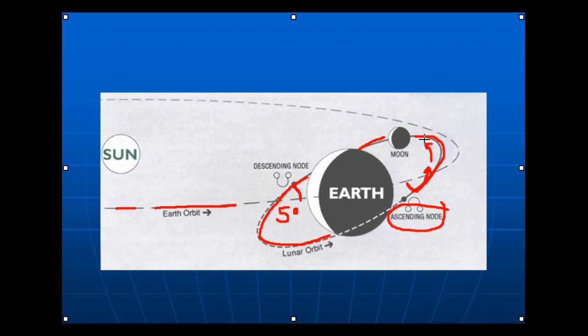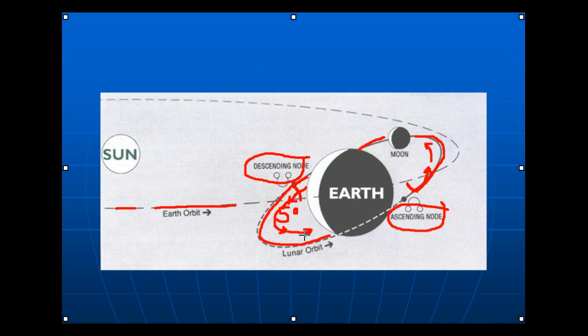Then it moves back down again in its orbit path, called the descending node. So here's the descending node right here. Eventually it gets around this way and begins to descend in this orbit path. Write that down in your notes.